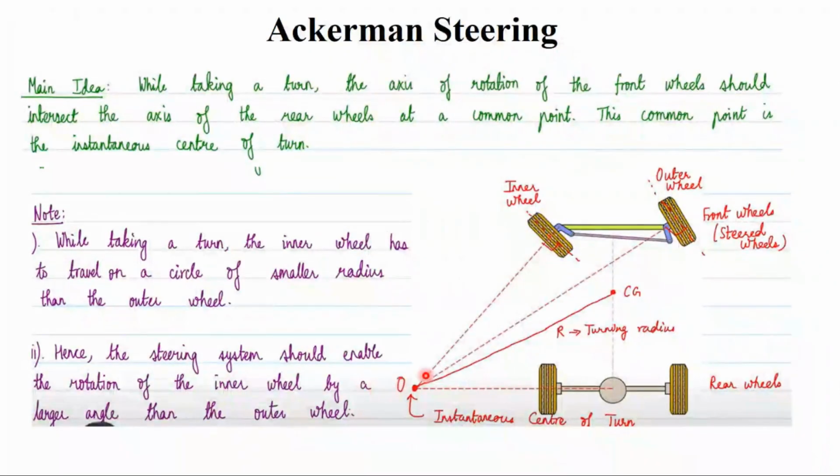Hence, the steering system should enable the rotation of the inner wheel by a larger angle, okay, than the outer wheel.